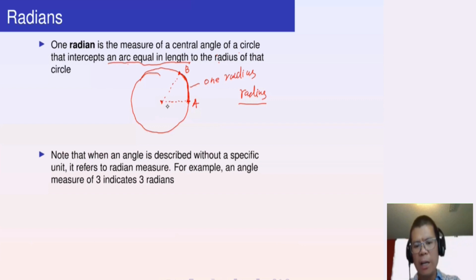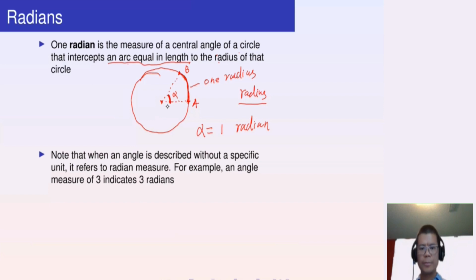Say this angle is alpha. Then alpha is just equal to 1 radian. Does that make sense? So you go one radius and you get one radian.